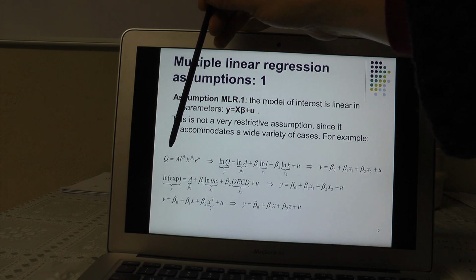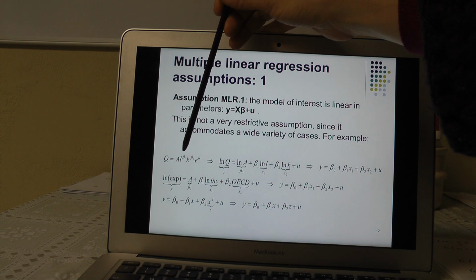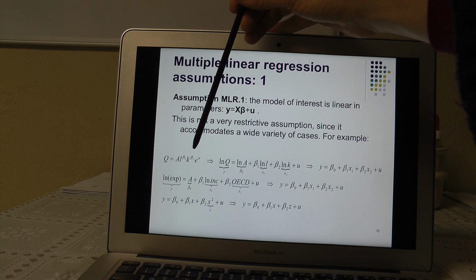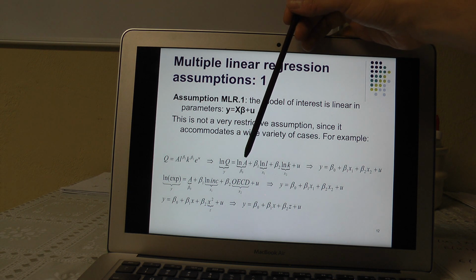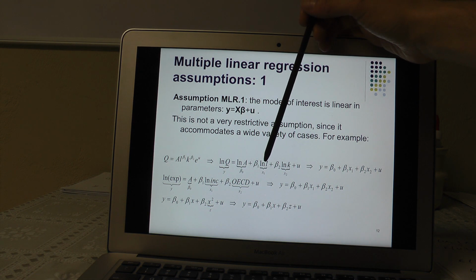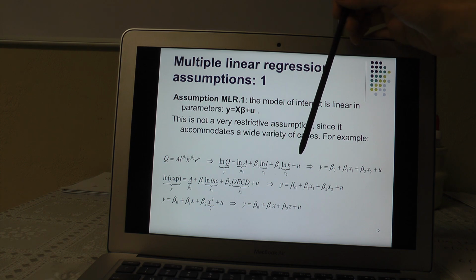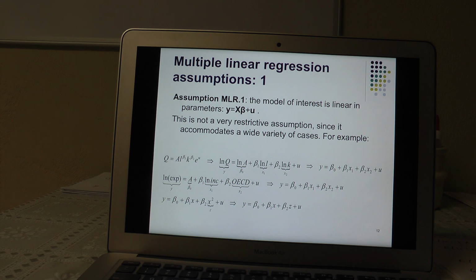Here's an example. If you have a production model, this is a Cobb-Douglas type production function. If you were to take logs of this, you would have an additive model, and in this additive model you would see log of labor and log of capital instead of labor and capital that enter your original model.